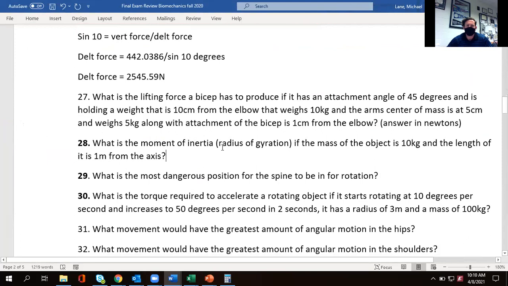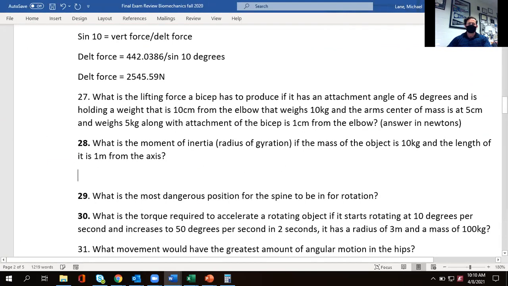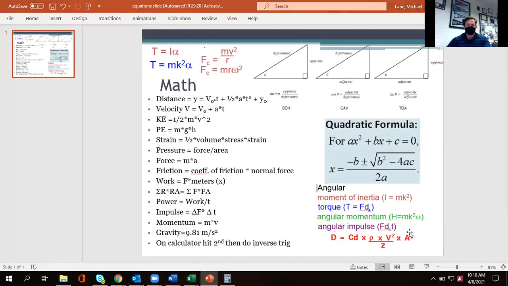Okay. Moment of inertia, so radius of gyration. If the mass of the object is 10 kilograms and the length of it is 1 meter from the axis. Okay. Actually, I don't have the moment of inertia here.